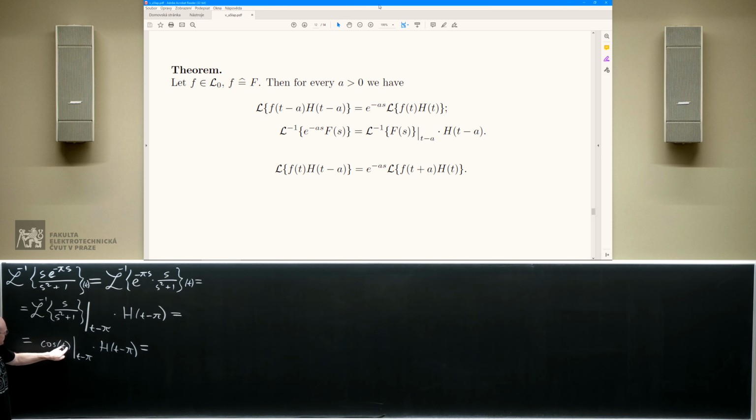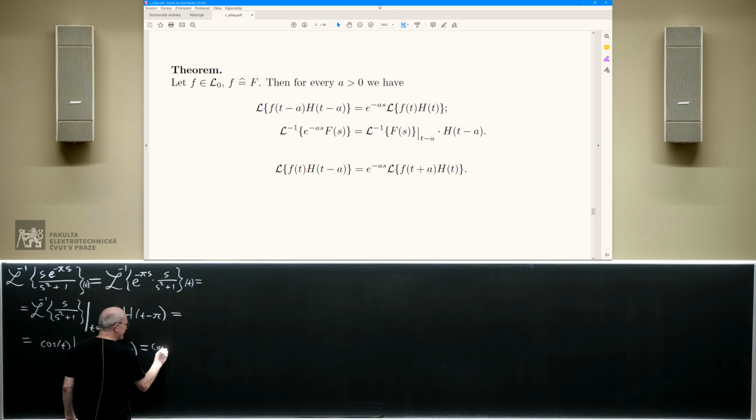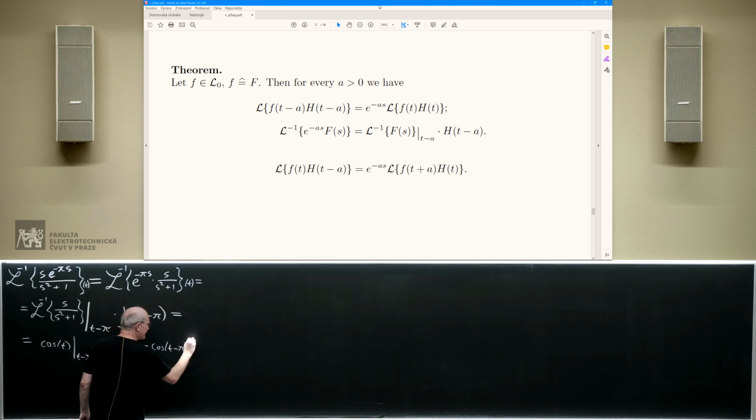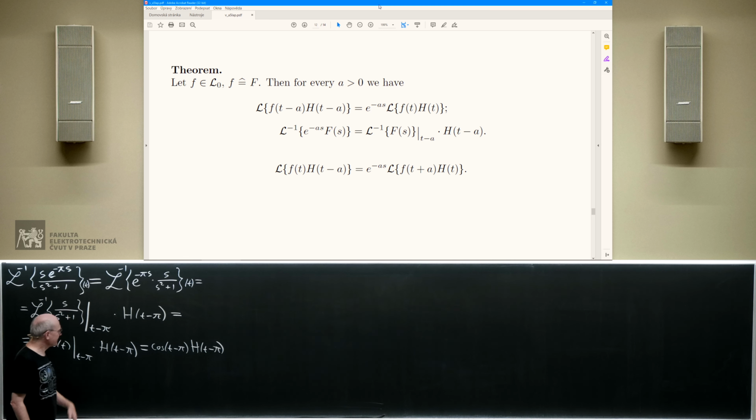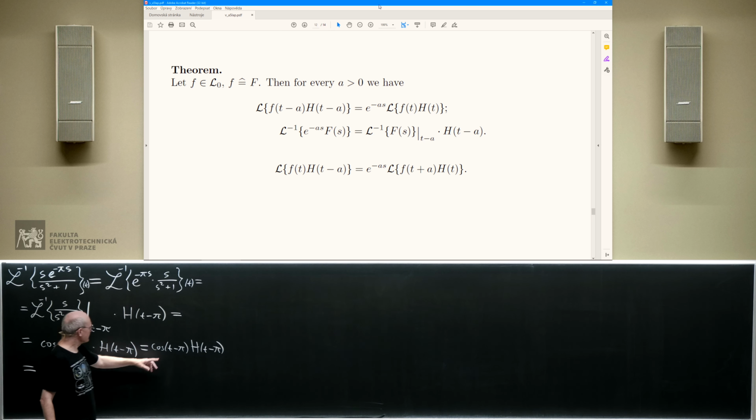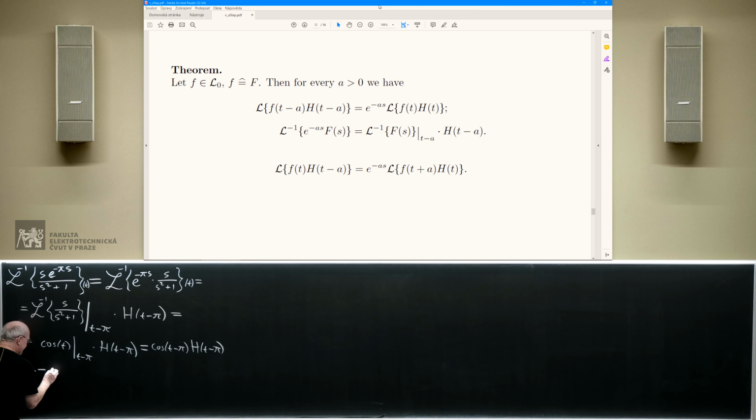And finally, I substitute in, I get cosine t minus pi, Heaviside function t minus pi. And I guess you could leave it like that, but it looks awkward. So let's think a little bit. Cosine t minus pi is nothing else but minus cosine t, and then it's multiplied by the shifted Heaviside function.